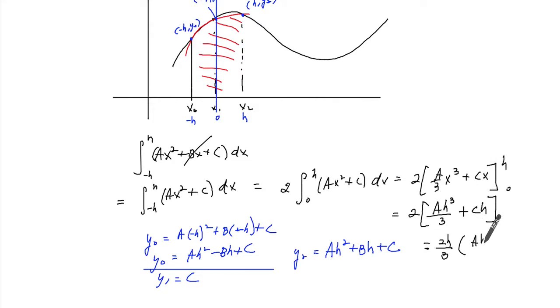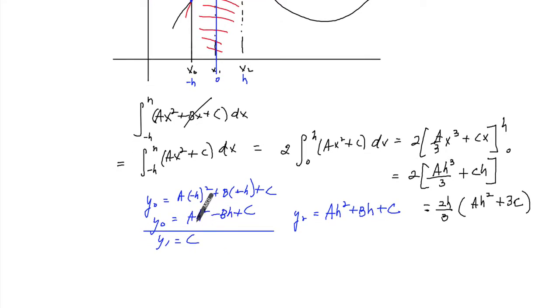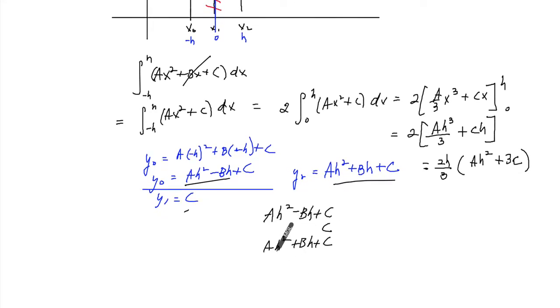So we get ah squared plus 3c. If you add y0 and y2, you get 2ah squared plus 2c, and the bh cancels out.